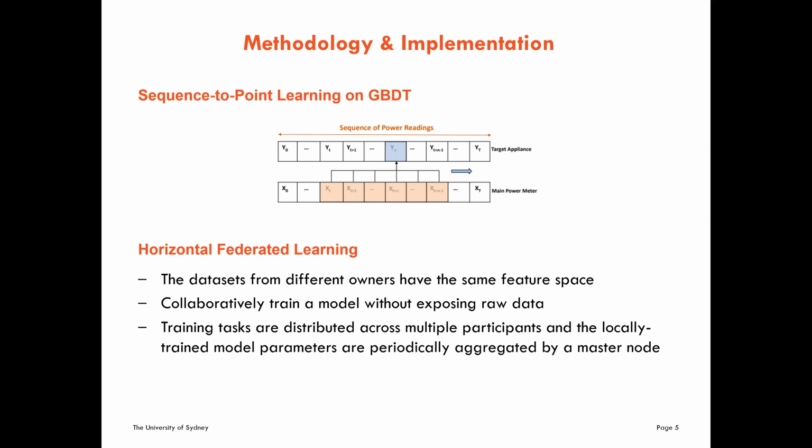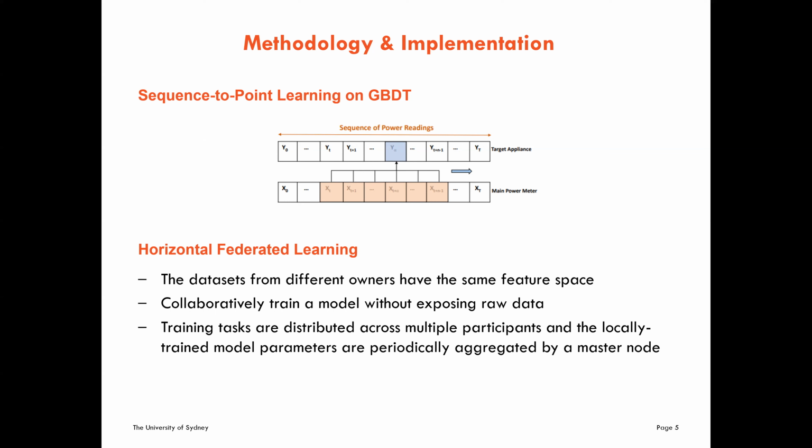To address such challenges, we propose a cost-effective collaborative training framework called Fed-GBM. We use the gradient boosting decision tree as a base model. By working with a sequence-to-point learning method, the GBDT model can reach state-of-the-art accuracy for NILM. It reduces the computational complexity compared with neural networks.